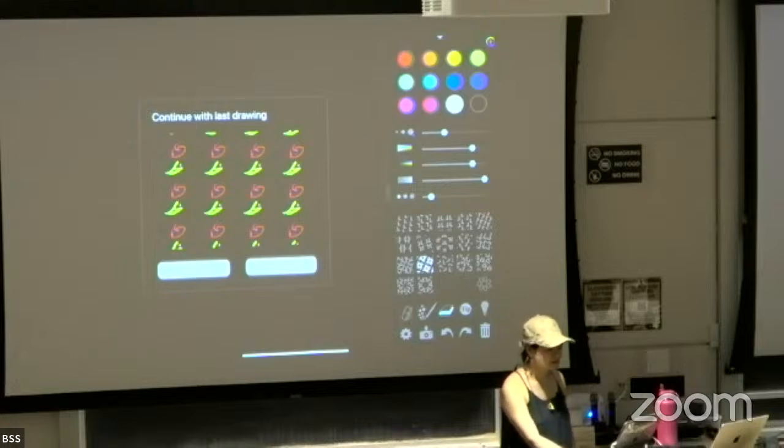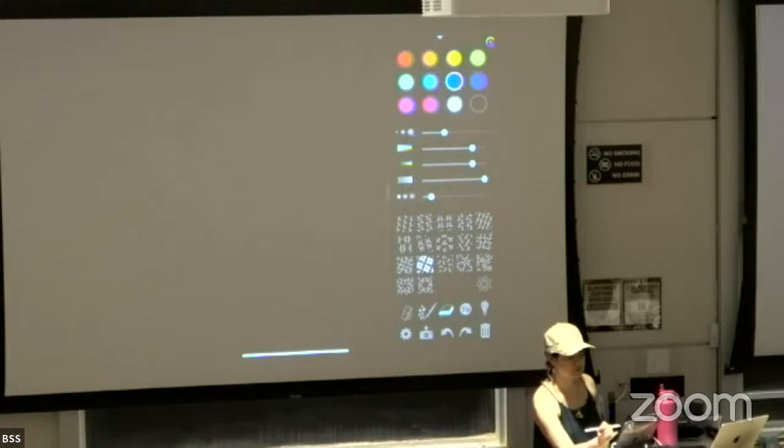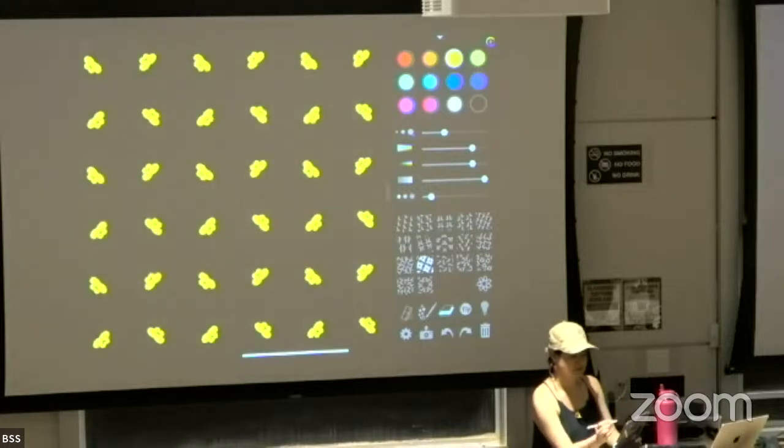So basically what you do, I drew this flower before, so I can say no, I don't want to do that. Let me create a new drawing. I don't remember exactly what the Colorado flag looks like, but I could try drawing something, or Boulder might have a flag.